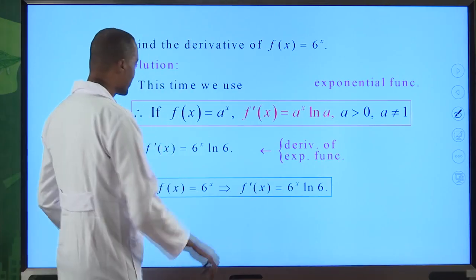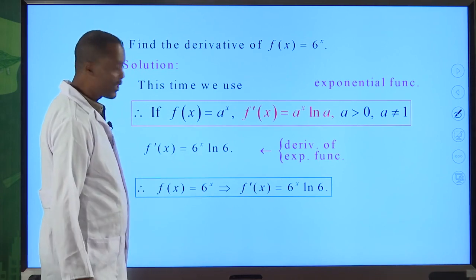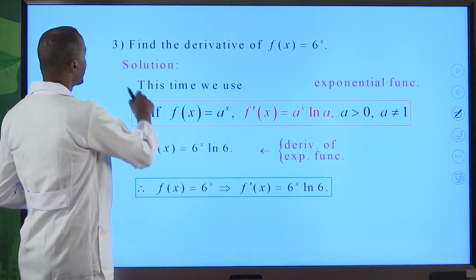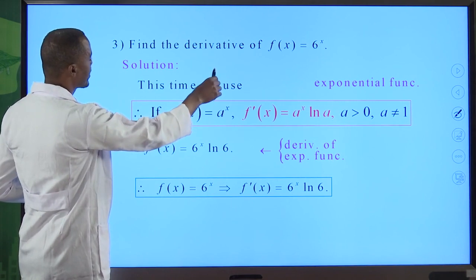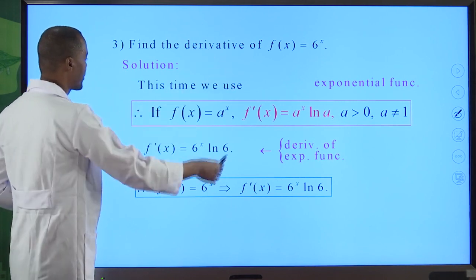Okay, the time is up. So let us do the exercise together. The problem says find the derivative of f of x is equal to 6 to the power x.